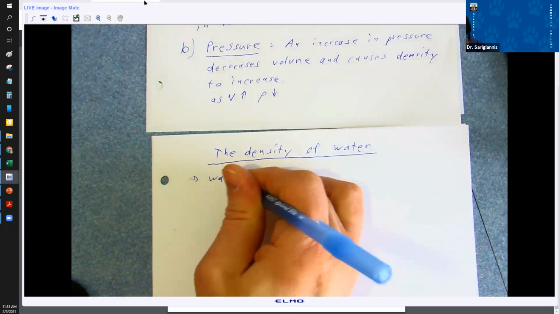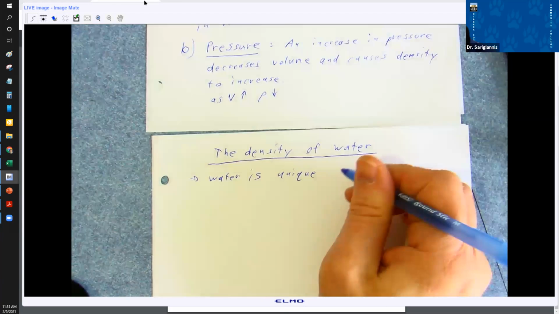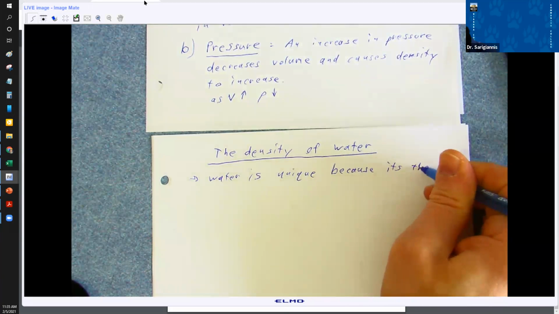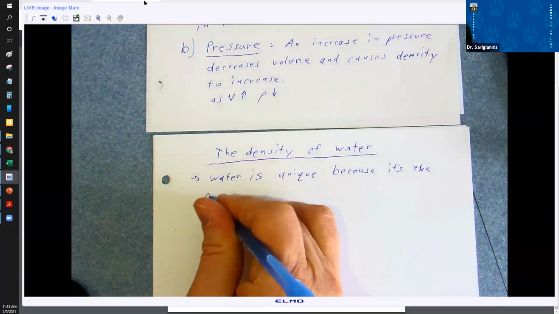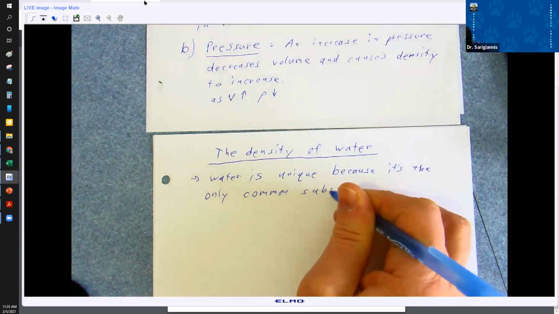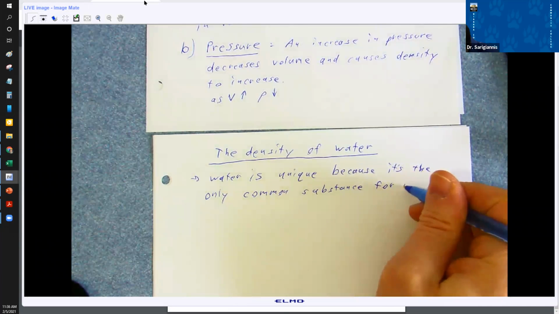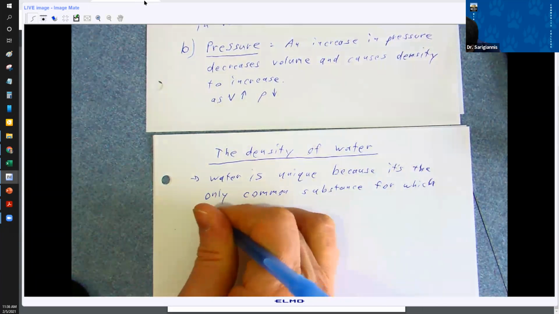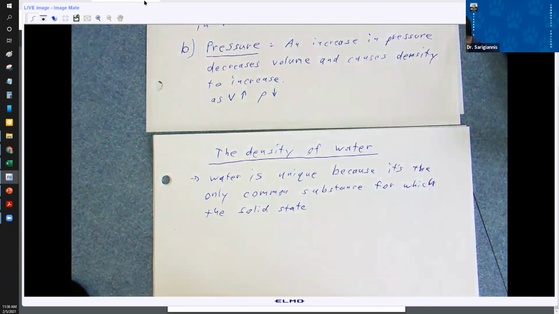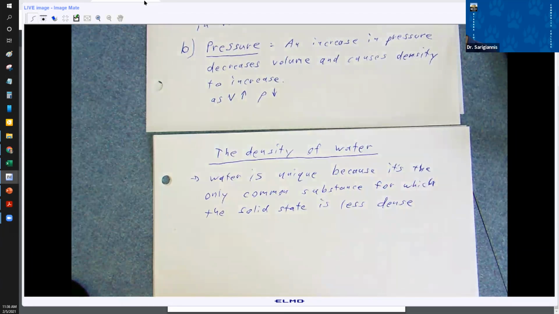So water is unique because it's the only common substance for which the solid state is less dense than the liquid state.